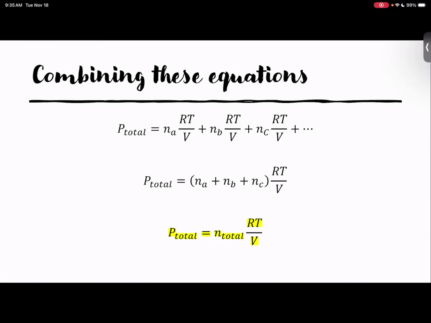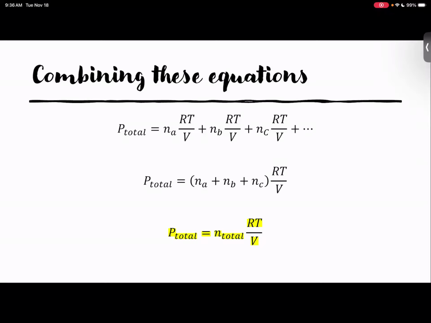Where we were able to say PA was equal to the moles of A times RT over V. And the pressure of B was equal to the moles of B times RT over V. We can substitute in that portion of the ideal gas law for the pressure of each component. So remember that this is equal to the PA. This is equal to PB. This is equal to PC.